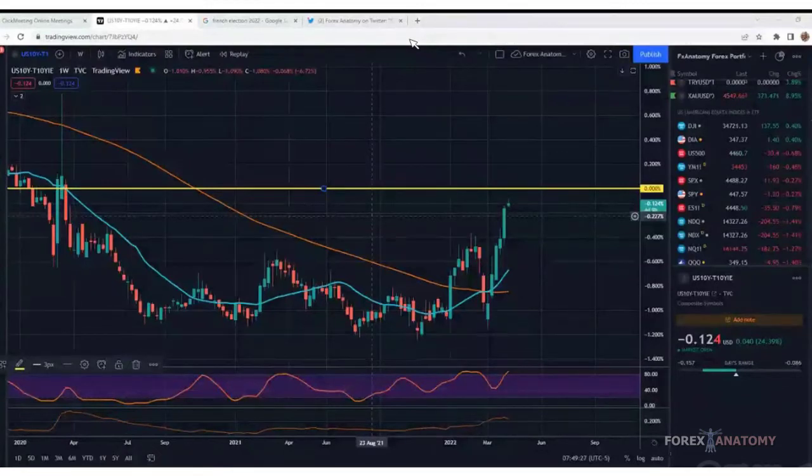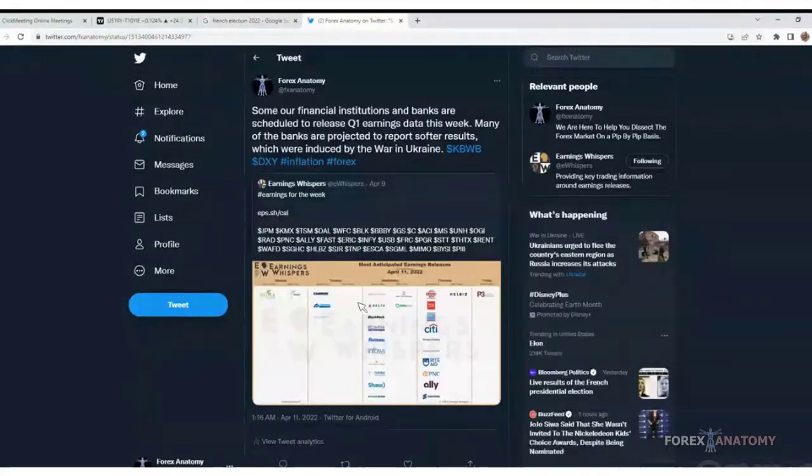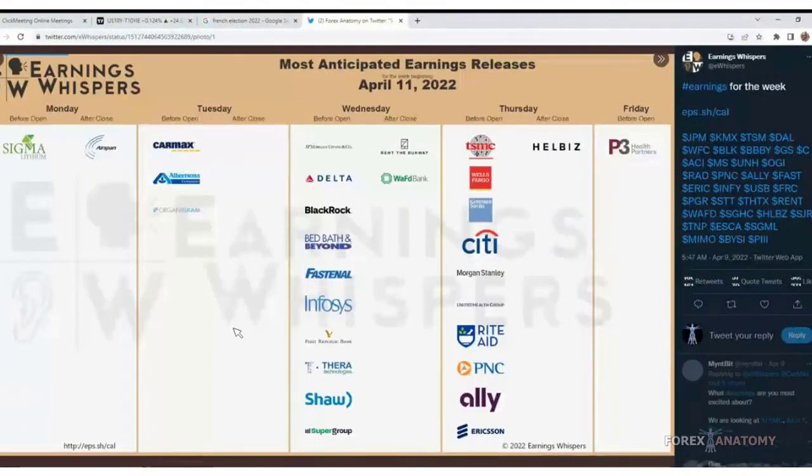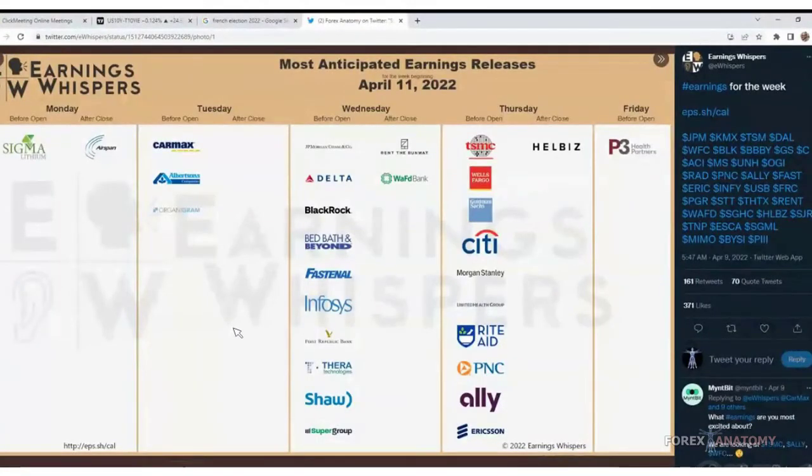But this is earnings season. I kind of want to point this out because we do have some major banks and financial institutions, not central banks, that will be releasing their earnings data. So markets are going to be following that, because they haven't been doing quite well since the start of the war. We've been seeing these banking stocks sell off, even though we're in a rising interest rate environment where they usually benefit.